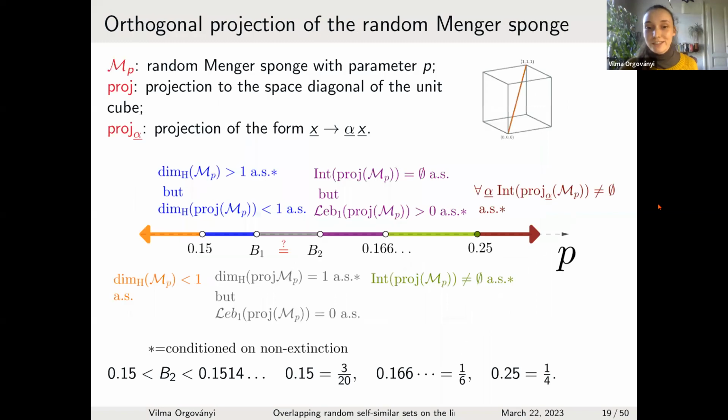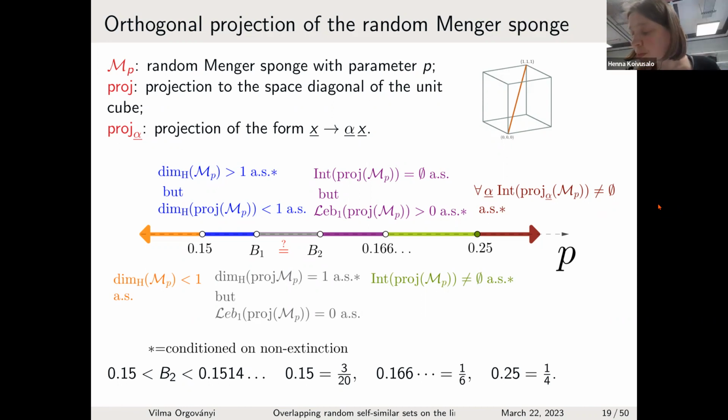This one, yes. I was going to ask if you have any estimates for B1, but I think you said the only thing you know about B2 is that it's between 0.15 and the next value. Yeah, I don't know anything about B1, nothing. Just that it's an interval.